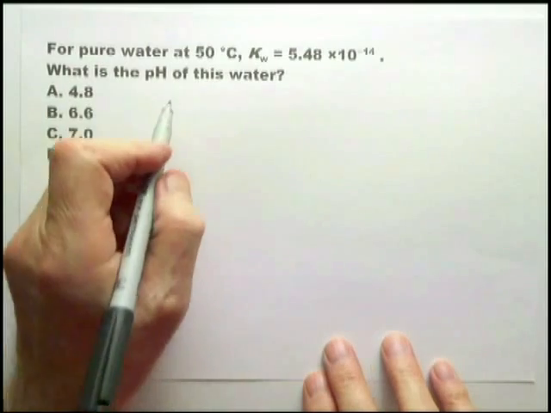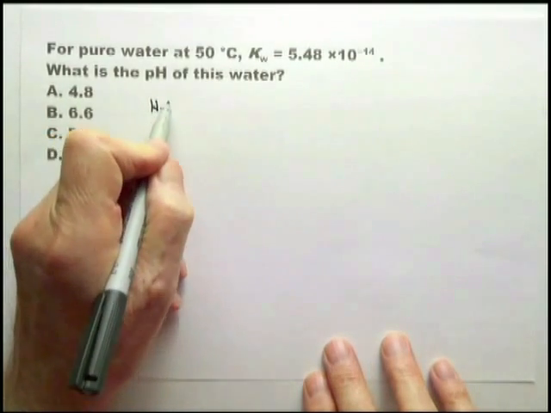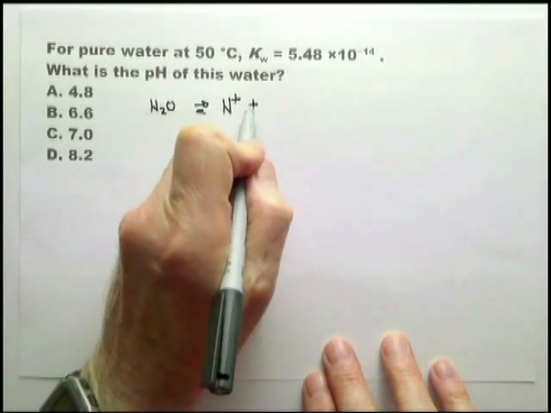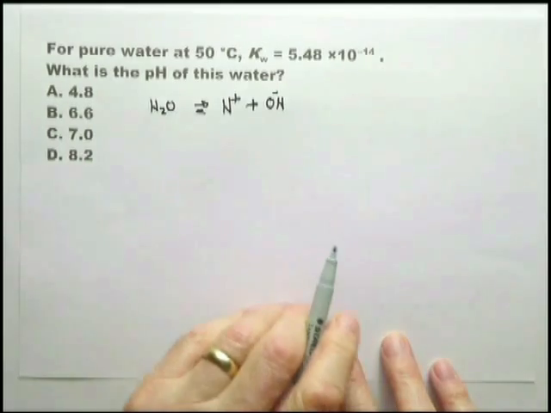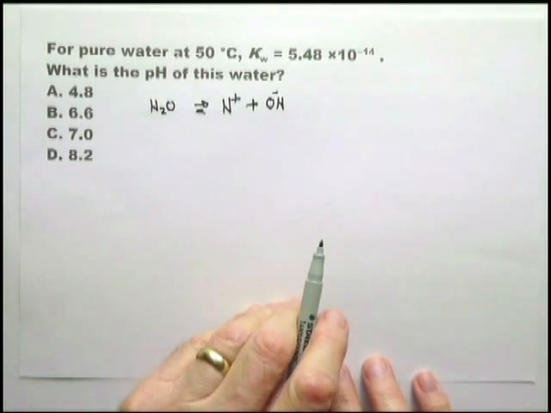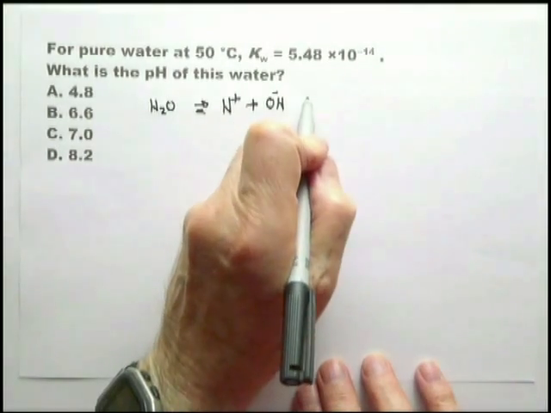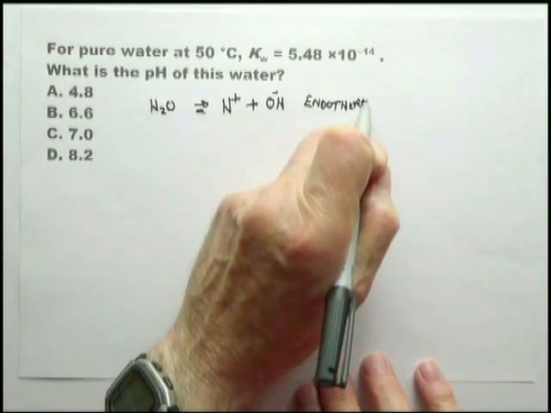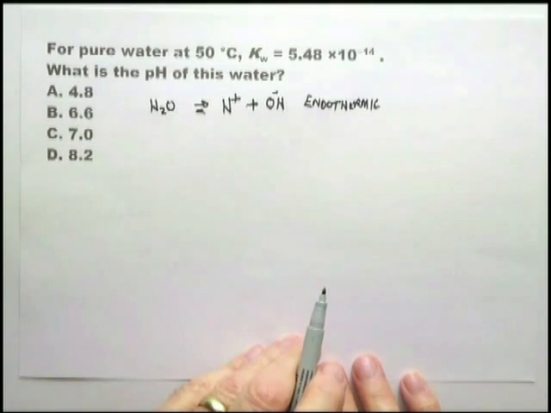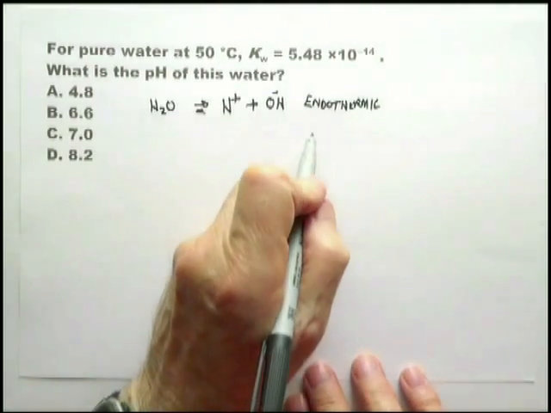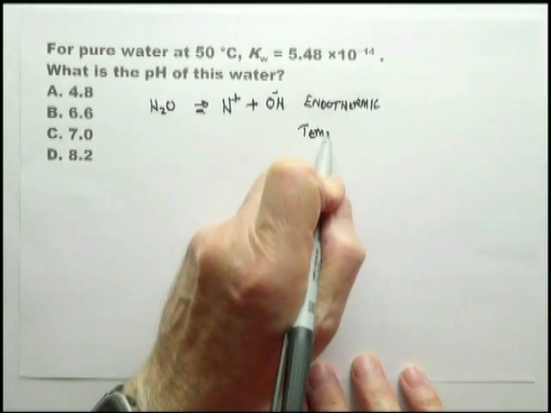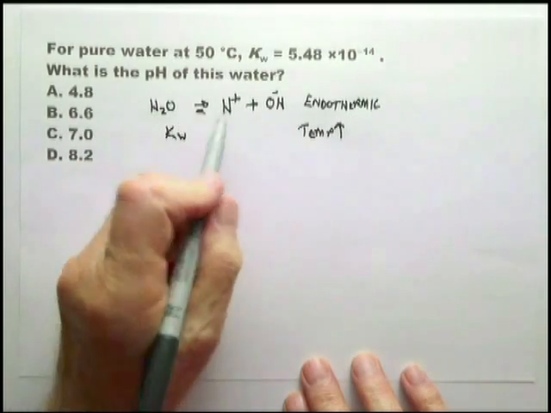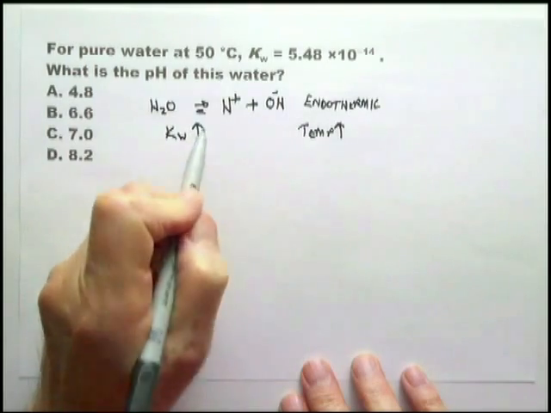One of the things you're expected to remember is that water partially ionizes to H plus and OH minus, and it's an endothermic reaction. As the temperature increases, then the Kw for this increases as well.